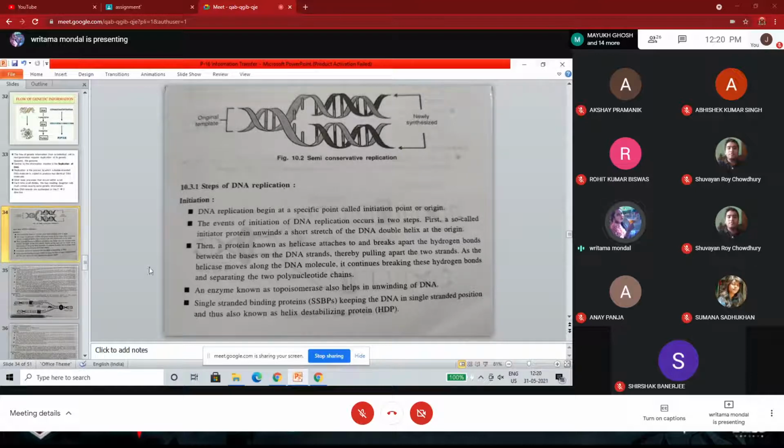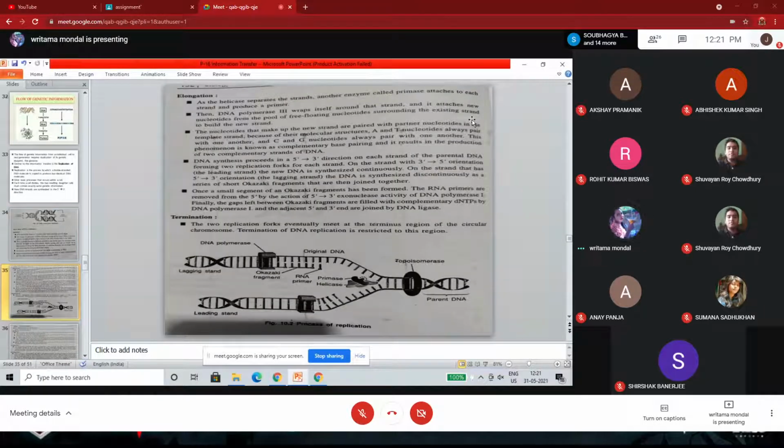So it happens in the initiation, the first step of DNA replication. The hydrogen bonds are broken, then the single strands remain, the template strands. These two strands are called the template strands, and with their help DNA replication further begins. So let's see what happened.